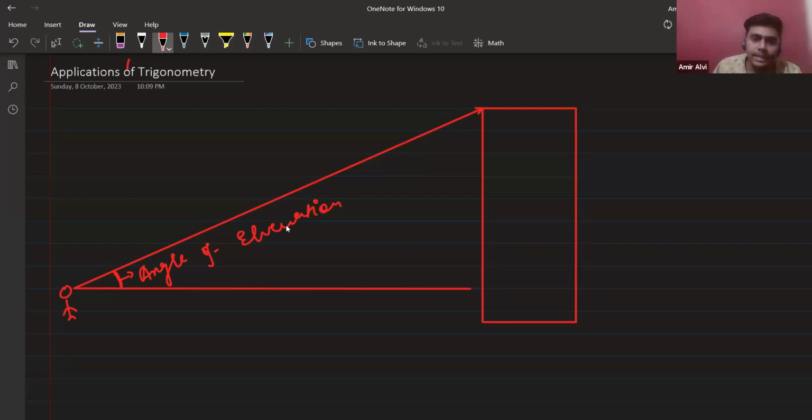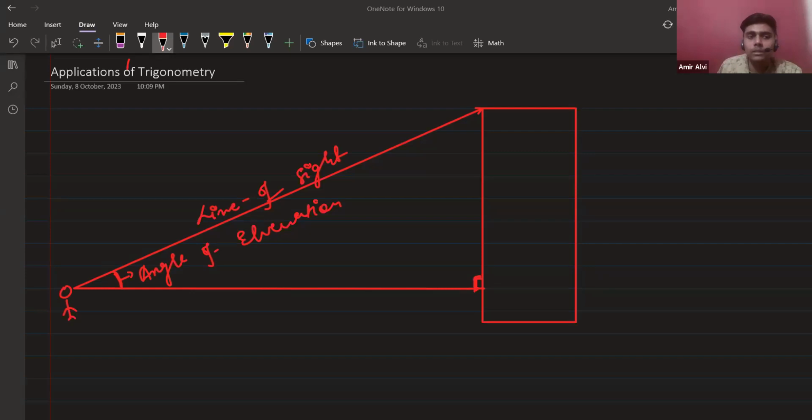And this line, which is basically the imaginary line connecting the top of the building and your eye, is called the line of sight. Clear? Now tell me, isn't it a right angle triangle? Yes, sir. And we know that trigonometry is applicable in a right angle triangle.